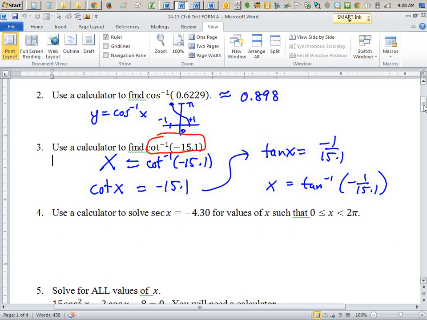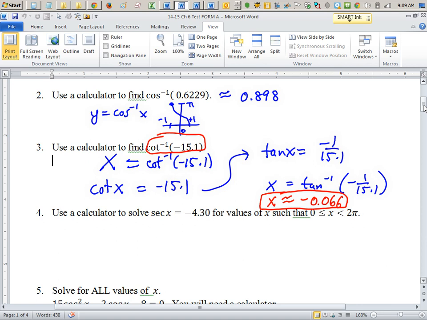Then I reciprocated it, and now I'm in a position to solve the problem. Inverse tan both sides. Okay? All right. So inverse tan negative 1 over 15.1. And so it's negative 0.066 rounded to the nearest thousandth.